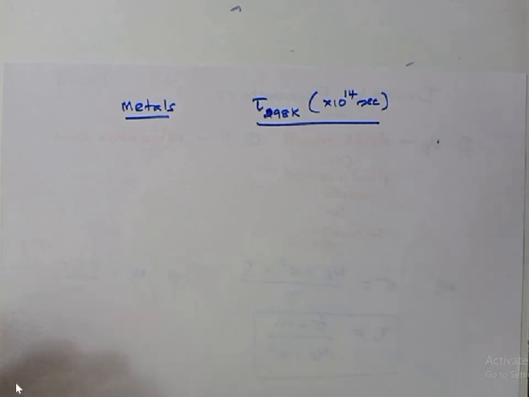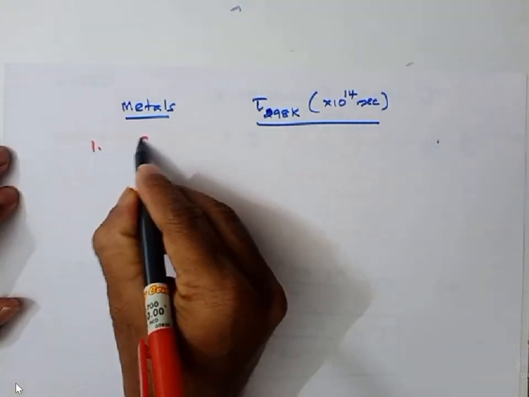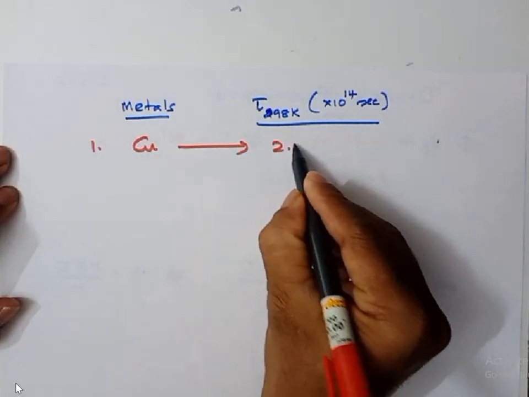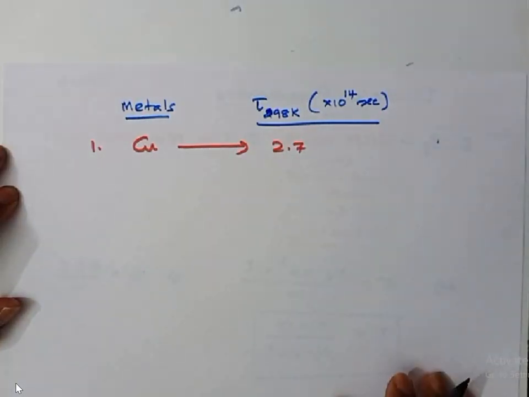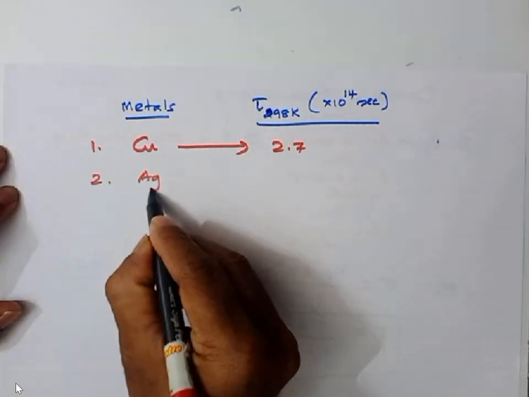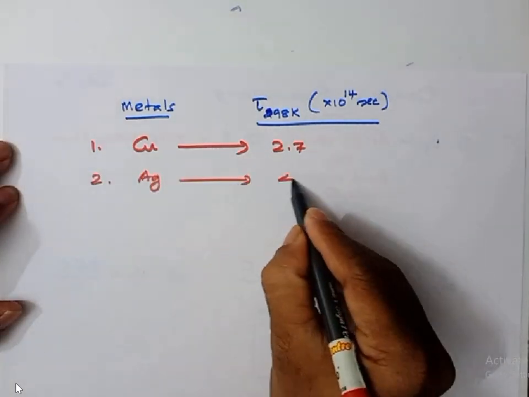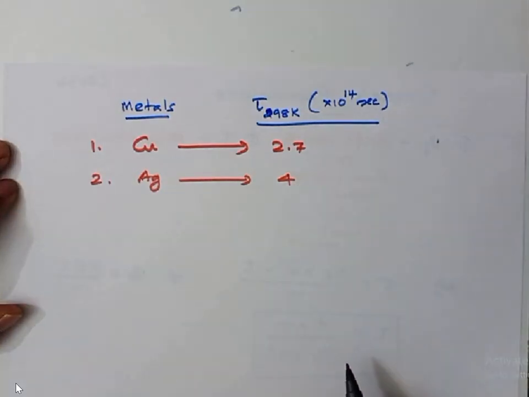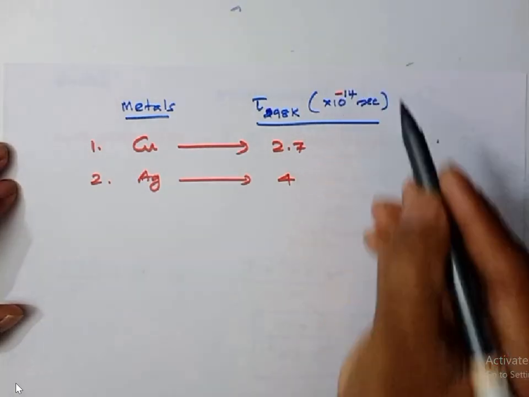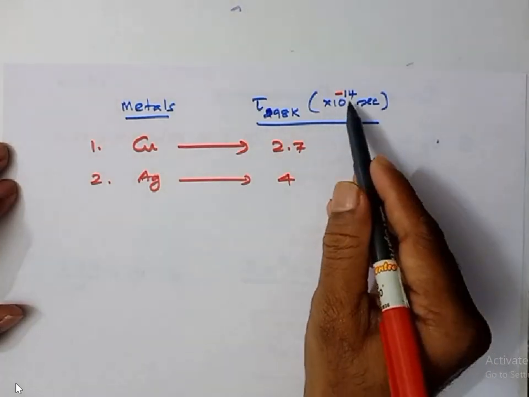So for the metal copper, the value is found to be 2.7 into 10 to the power 14 seconds. For silver, 4 into 10 to the power 14 seconds. These are all reported tau values. I'm sorry, this is 10 power minus 14 seconds.